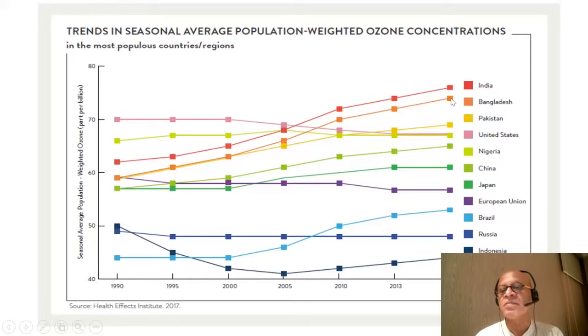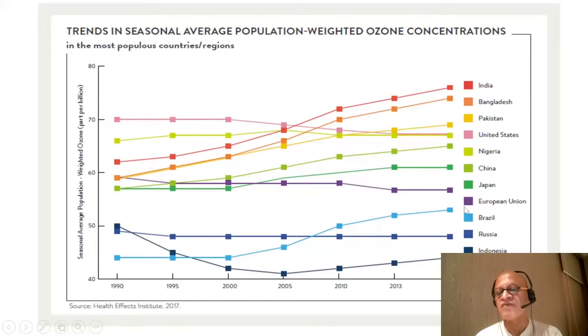India is up here, Bangladesh showing massive increases in terms of population-weighted ozone. Pakistan showing some increase, United States showing a decrease, Nigeria, China showing some increase.